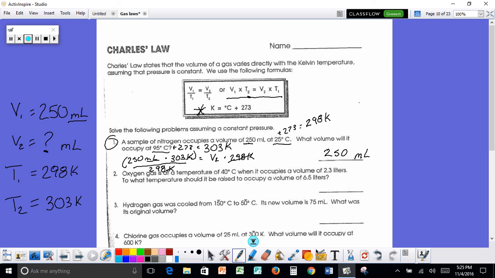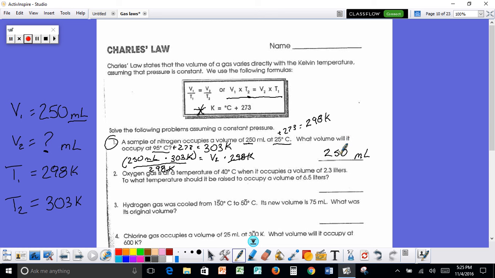So our answer would be 250 mils. As far as me grading this, I probably wouldn't have taken off if you did 250, and I wouldn't have taken off if you did 254.